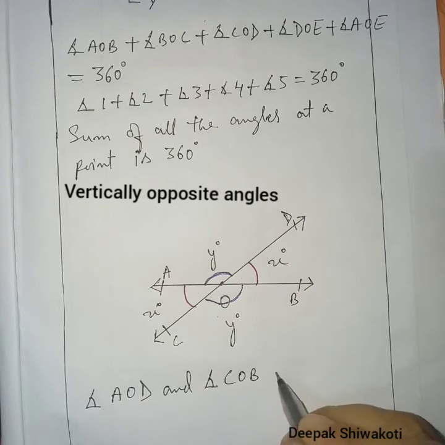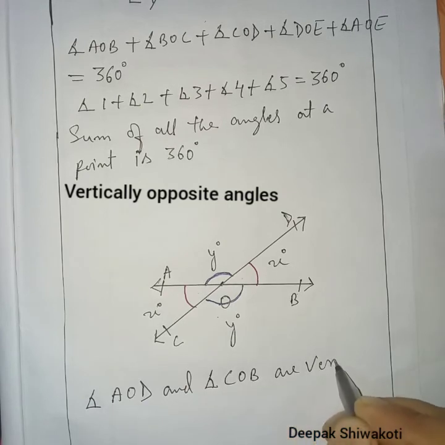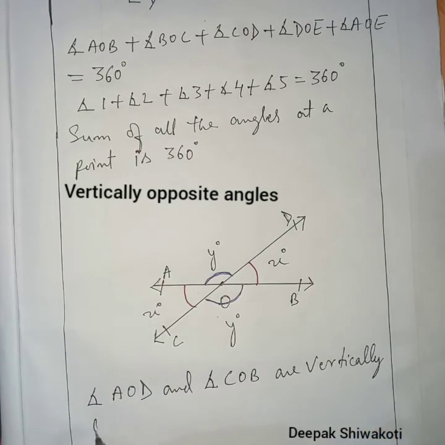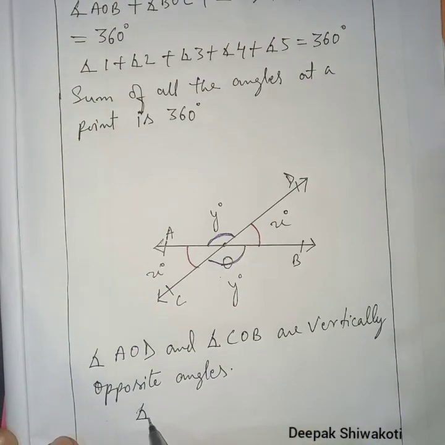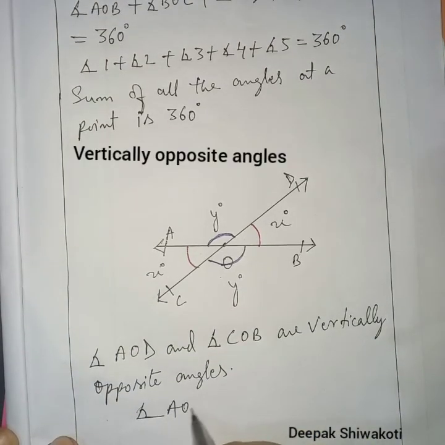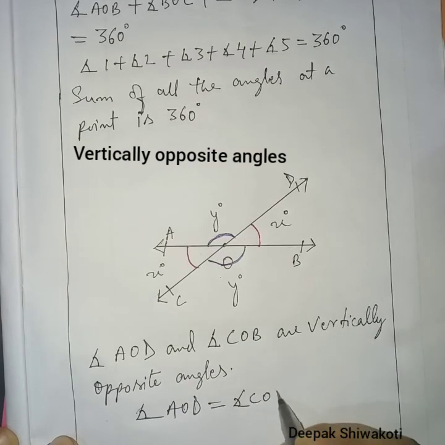So vertically opposite angles are equal. So angle AOD is equal to angle COB.